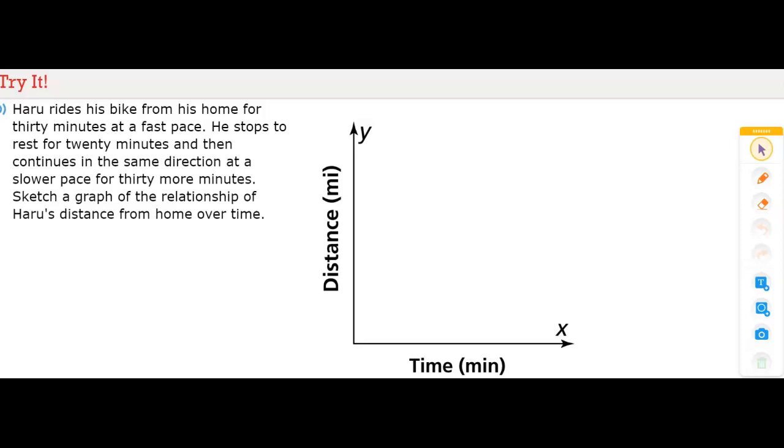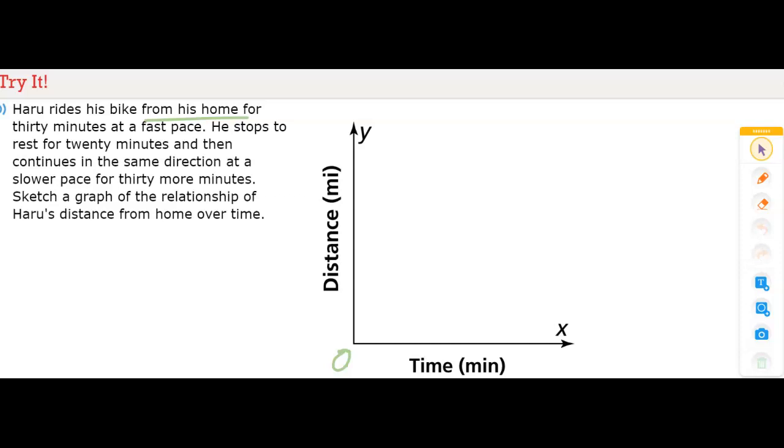The first line says he rides his bike from home. So he's coming from home. We're going to start at 0 right here in the corner. And it says for 30 minutes at a fast pace.